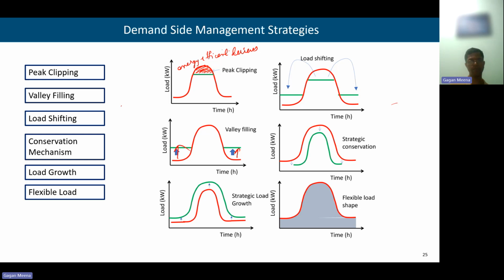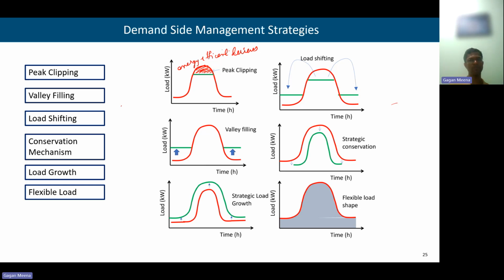One is the peak clipping. We want to clip the peak by reducing the demand during the peak hours, by doing different types of things; we can use energy efficient devices. The next is the valley filling, to increase the load during the off peak hours.